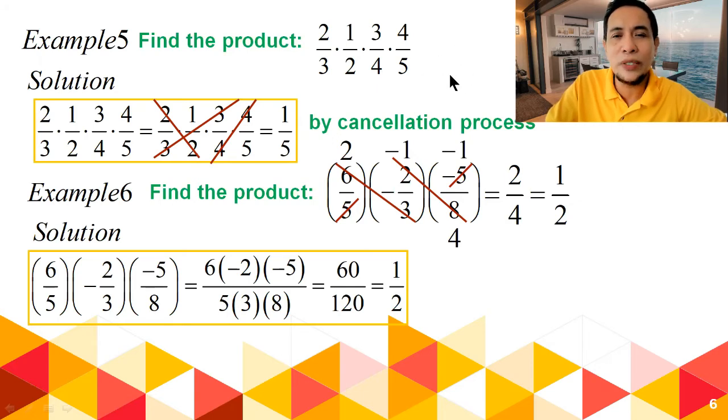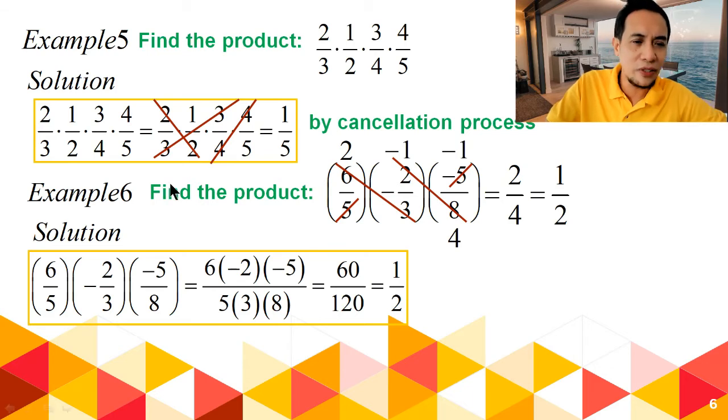You divide 120 by 24, the answer is 5. So the product is 24 over 120, which equals 1 over 5. So you see, if you apply the rule, you multiply all the numerators over all the denominators, you have to reduce your final answer to the lowest term.